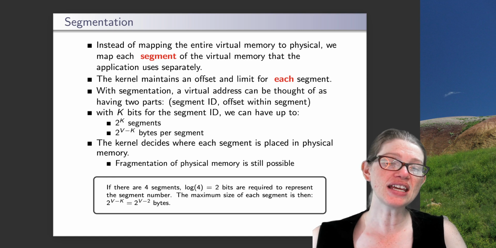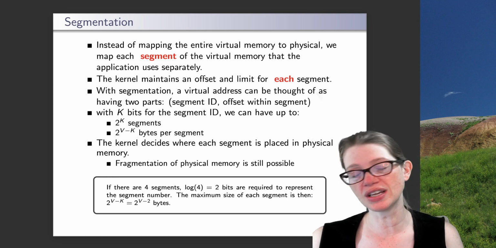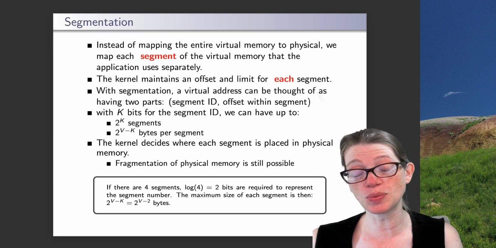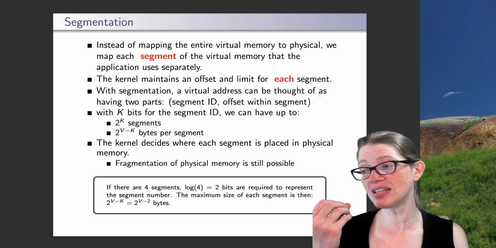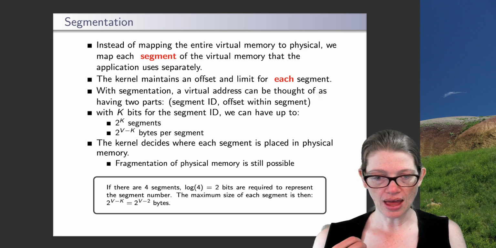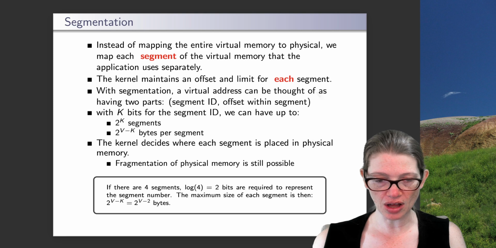So the idea is that instead of mapping the entire address space to a single contiguous block, we're going to map only the regions of the address space we are using to contiguous blocks. So we'll map the code segment to a contiguous block in physical memory. We'll map the data segment to a contiguous block in physical memory.